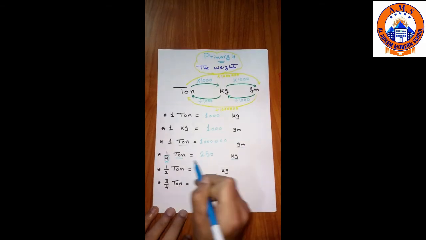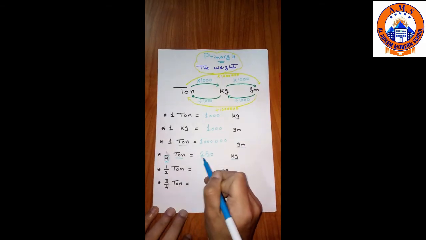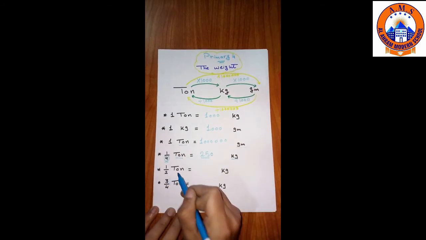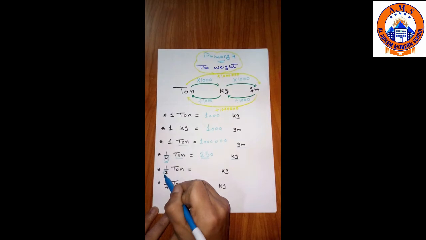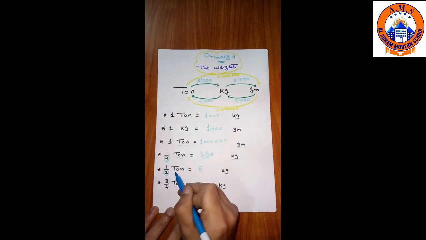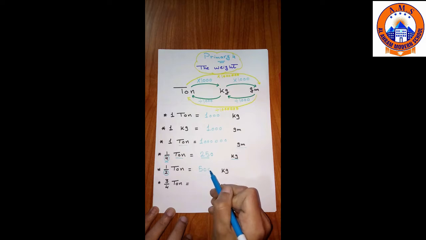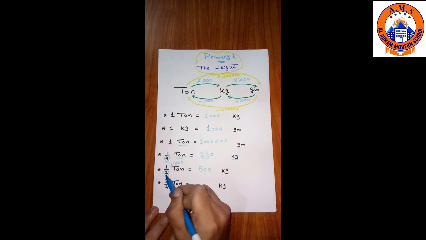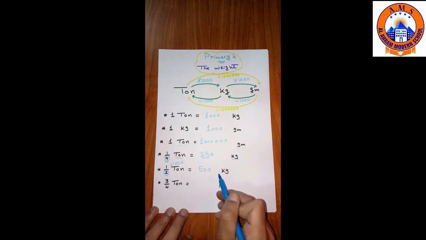I want you to memorize the 4 with 25 and putting another 0. And for the half of a ton, you have learned that the friend of the number 2 is the number 5. But we need the half of a ton, so we have to put 2 zeros. So half of a ton means half of 1000, or 1000 divided by 2, so it will be 500.